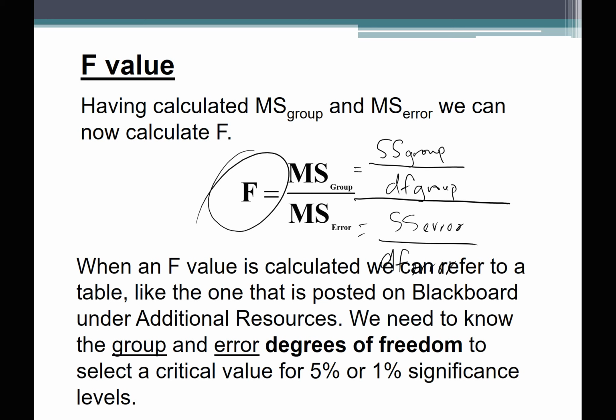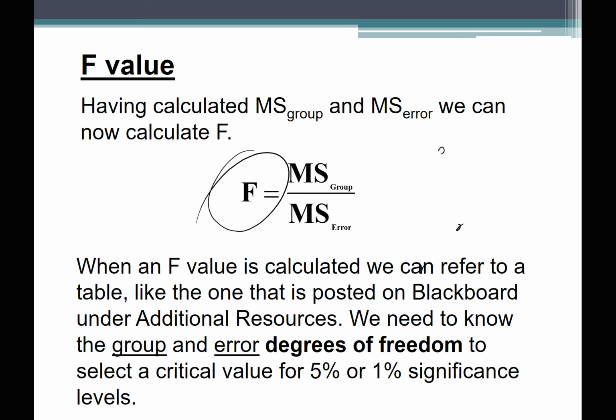Now, when an F value is calculated, we can refer to an F table, a lot like a Z table or like a T table. I haven't posted one yet, but I am going to post one on Blackboard under additional resources, just so you can see what it looks like. It'll look vaguely familiar, sort of like a t-test, but not exactly.